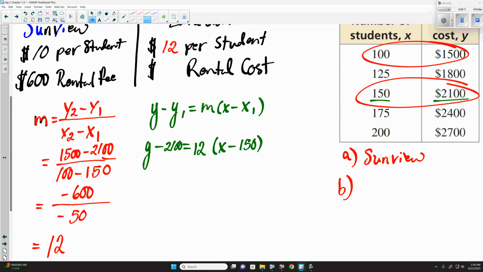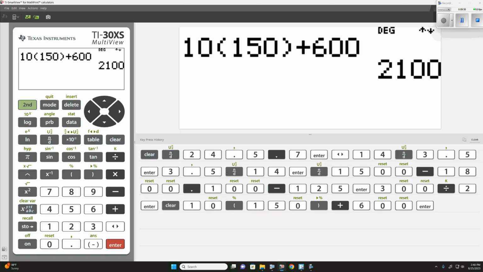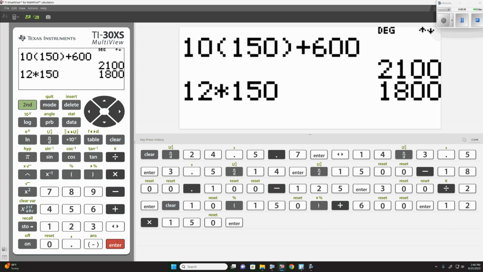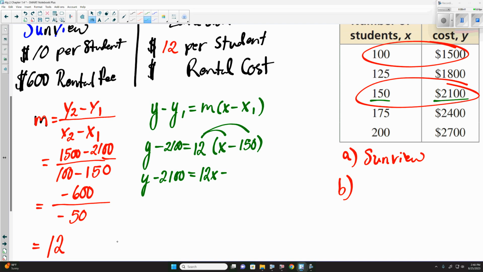Now we just need to get y by itself. The first thing we can do is distribute the 12. So y minus 2,100 is equal to 12 times x, which is 12x, and 12 times 150 is 1,800.